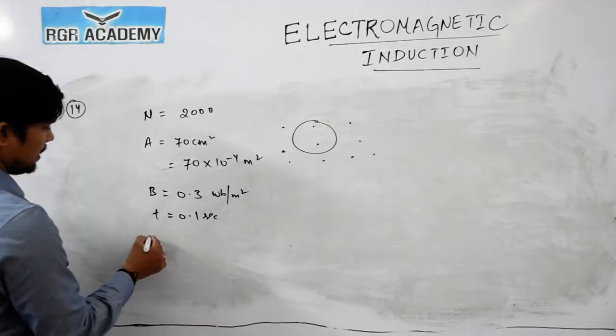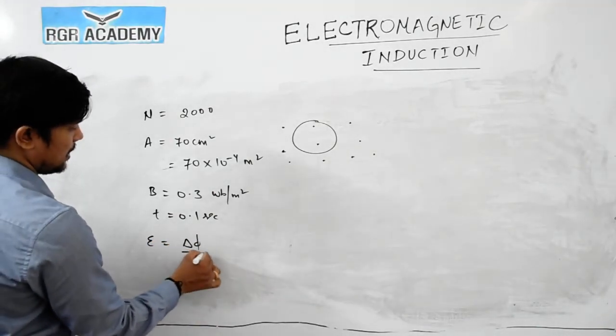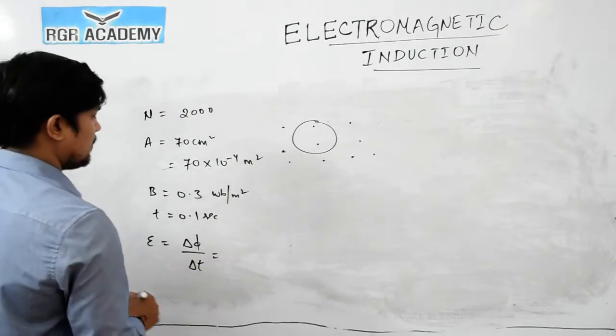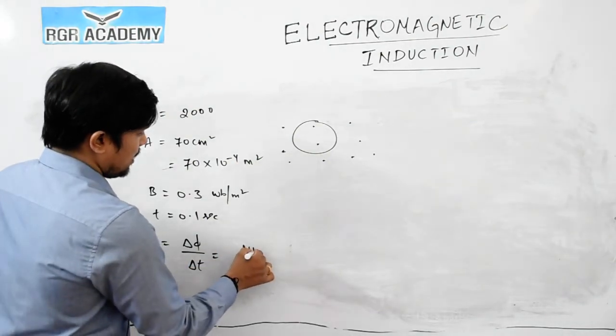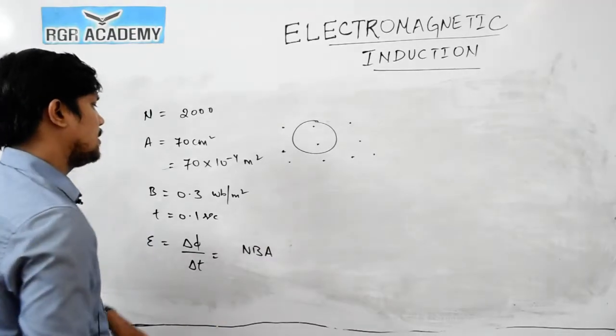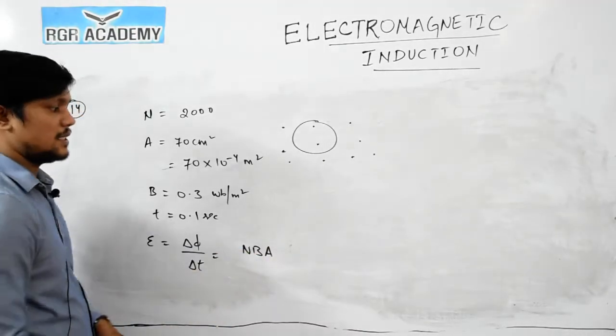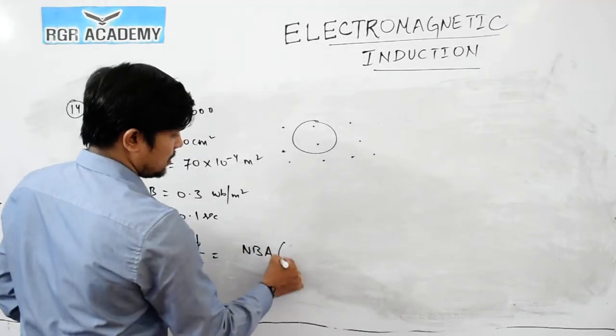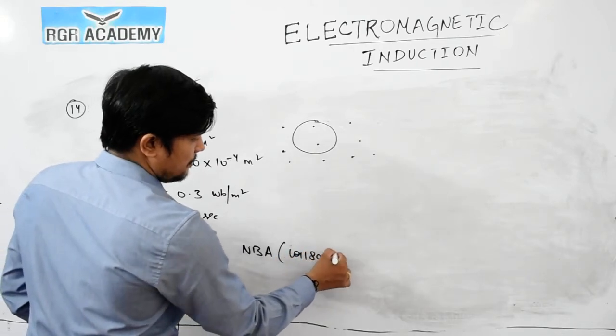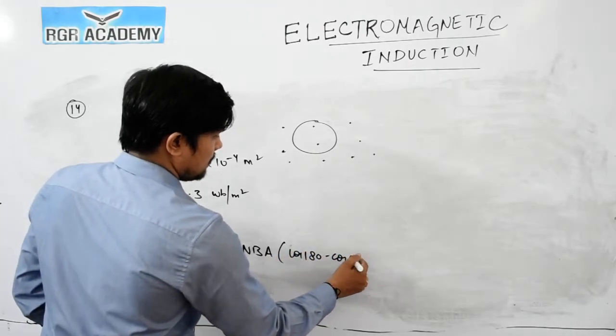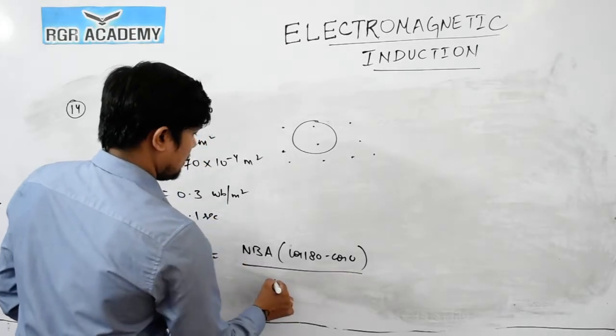So induced EMF is given by delta phi by delta t. So delta phi we can write as n into B into A into change in cos theta, so we can say cos 180 minus cos 0 divided by delta t. Clear?